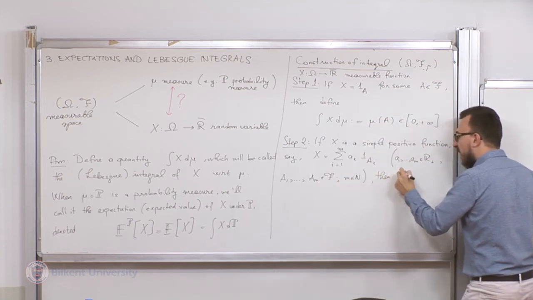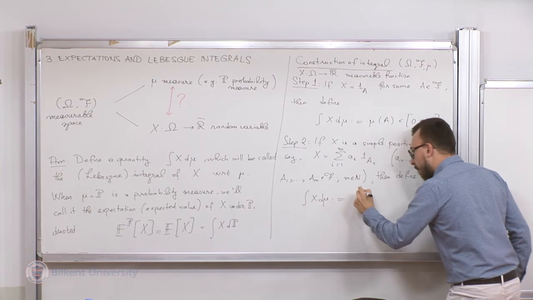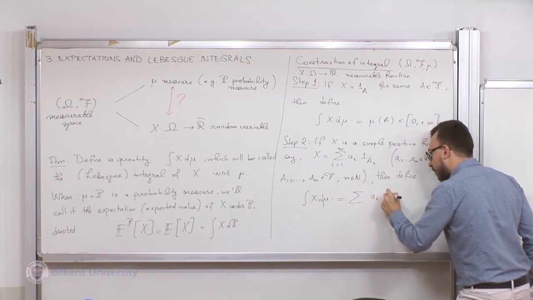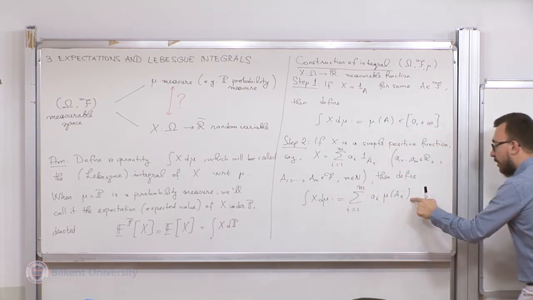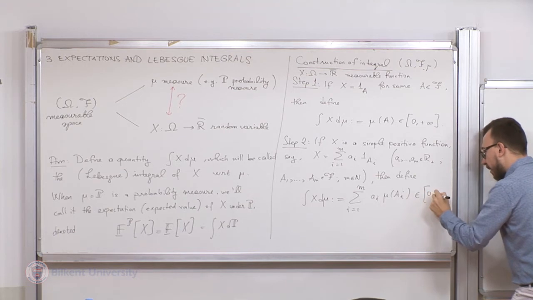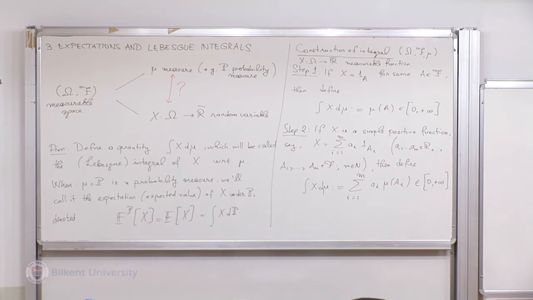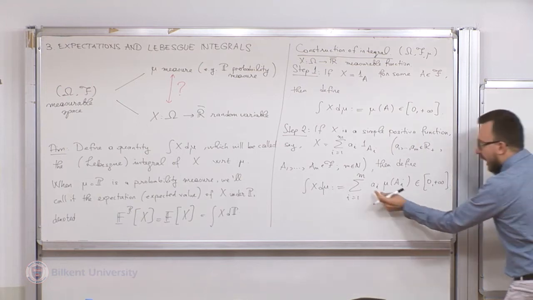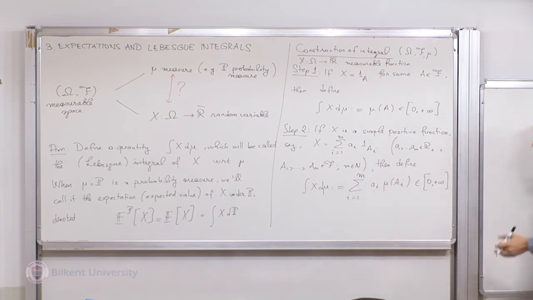Then define the integral of X with respect to mu by the sum of a_i times mu of A_i, which is also positive. So it's well defined. You never have infinity minus infinity since we're always looking at positive functions. So a_i is positive, mu is positive, including plus infinity. Therefore, you get a sum of positive numbers. So that's going to be between 0 and plus infinity.